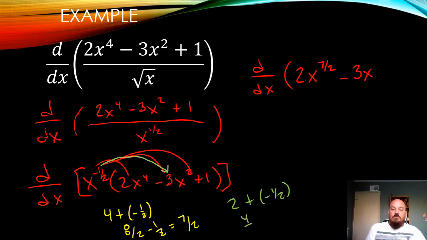That would be 4 over 2 minus 1 over 2. That's going to be 3/2. So your exponent for the middle part is 3/2. And then the last part is easy, at least for multiplying, because there is no x there. So x to the negative 1/2 times 1 is x to the negative 1/2.